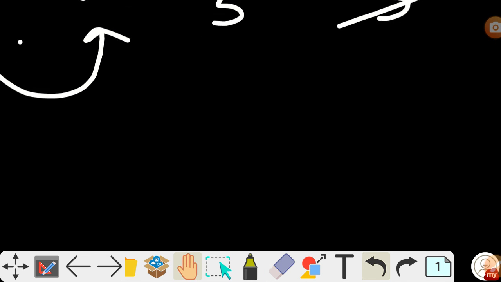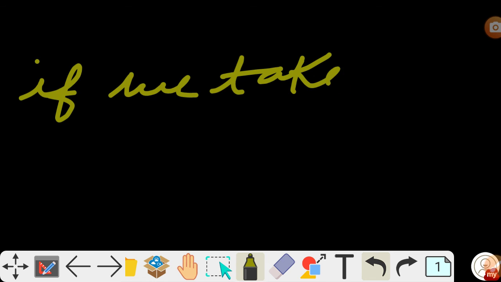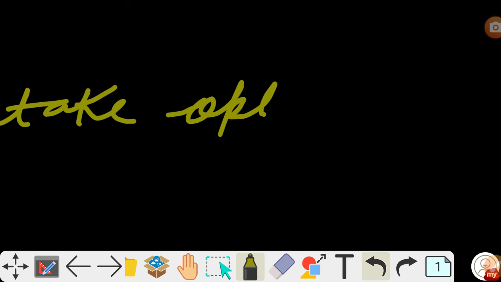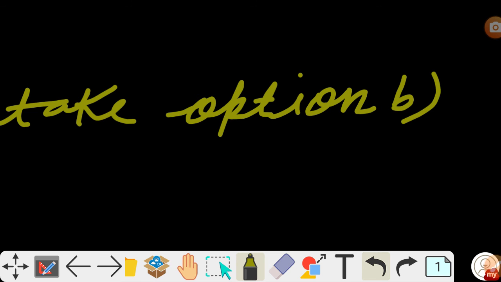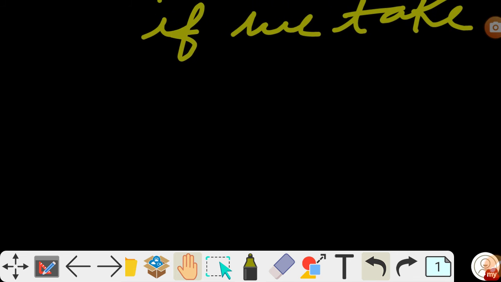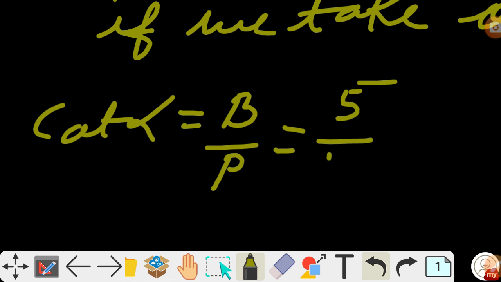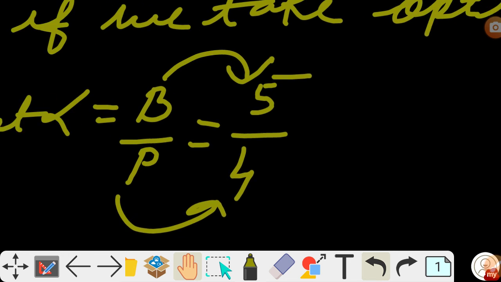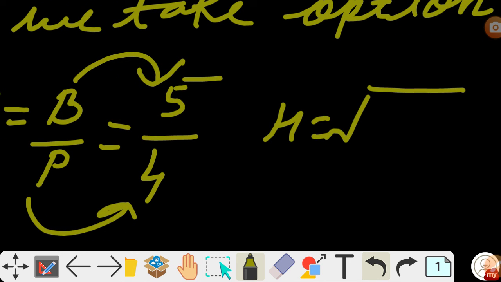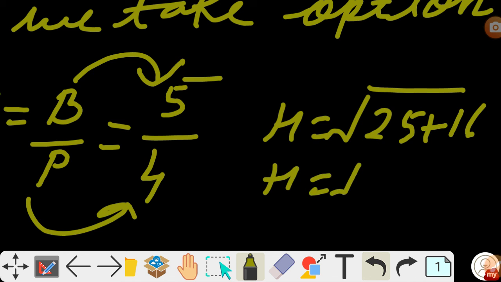If we take option B, then we know that cot alpha is base upon perpendicular, and according to option B the value is 5 upon 4. The hypotenuse we get by squaring the base and perpendicular and adding them. So here we get 25 plus 16, which is 41.